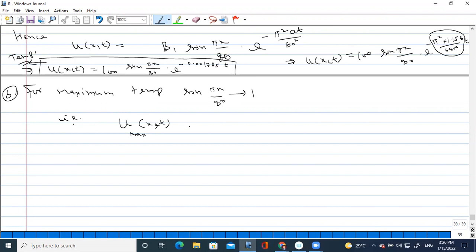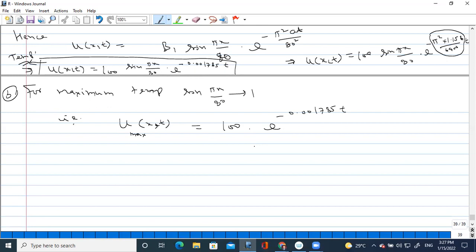Maximum value will be 100 into e to the power minus 0.001785 t. Actually, that is for maximum temperature at time t. Understood? Means time I am varying. So at time 10 second, 15 second like this, if I am taking that time, the maximum temperature will be 100 into this much.